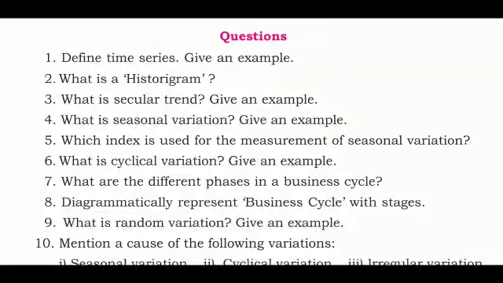And in least squares method, you have 3 different methodologies. One is fitting a straight line equation, fitting a second degree parabola or quadratic, and the third one is the exponential or logarithmic method. So these are the 3 different methods in the least squares method. Then the merits and demerits, these are the things which you have to keep in your mind.